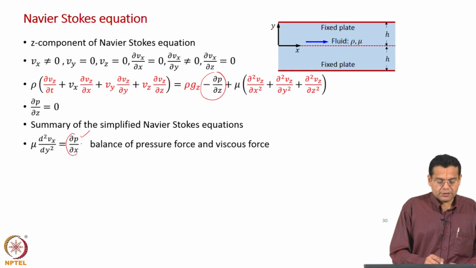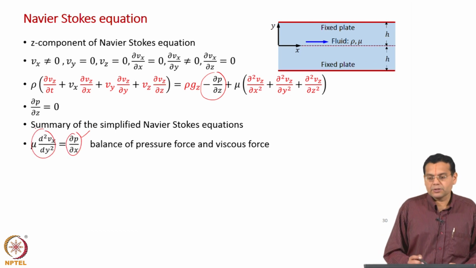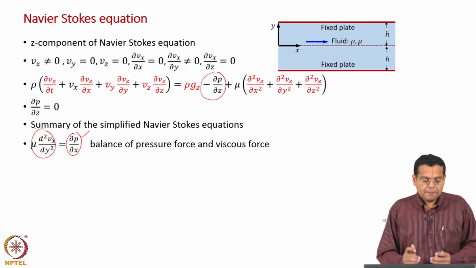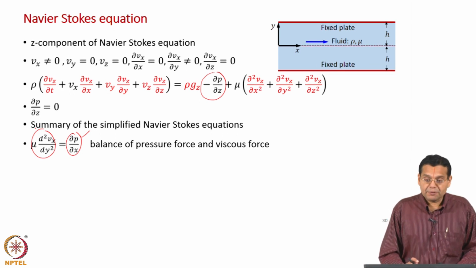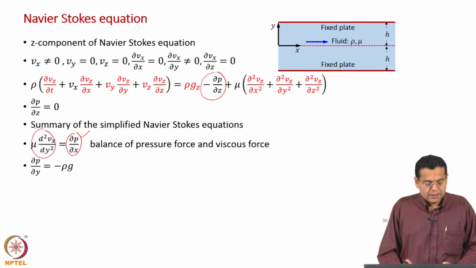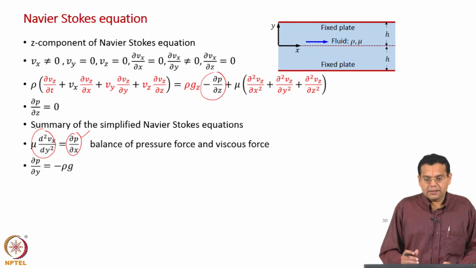The Navier-Stokes equation has got simplified to a balance of just pressure forces and viscous forces. Of course, both of them are net. Okay. We should say net pressure force per unit volume, net viscous force per unit volume.